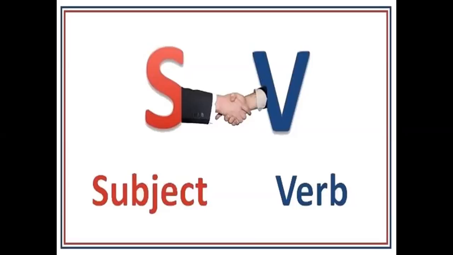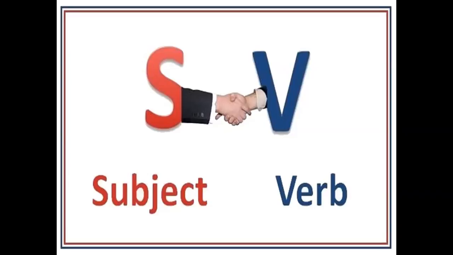Now look at the agreement between the subject and the verb. Subject is he. Jumps is the verb. Now he is singular. Jumps is the verb which has S or ES, which means singular. So the rule is agreed here, no? If the subject is singular, verb is singular.